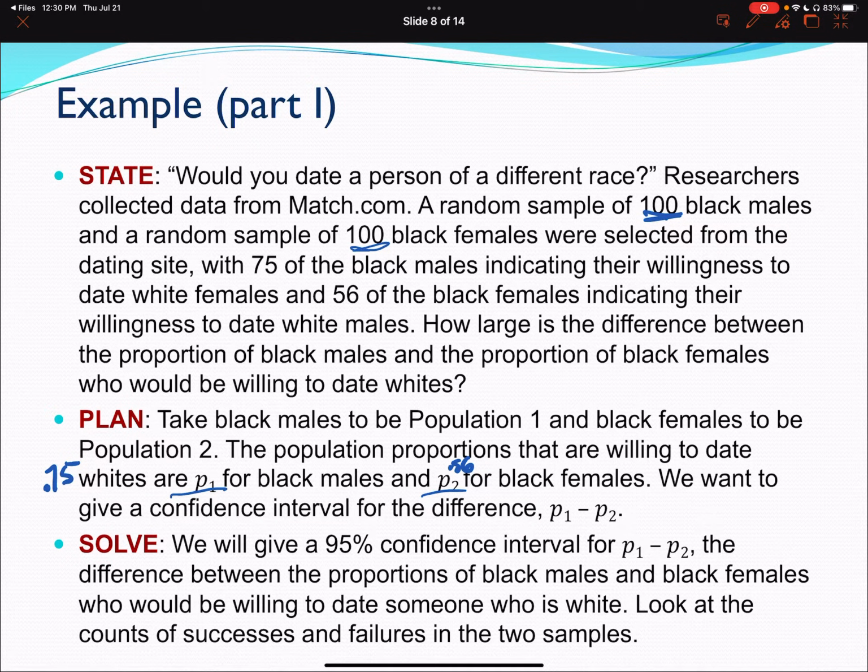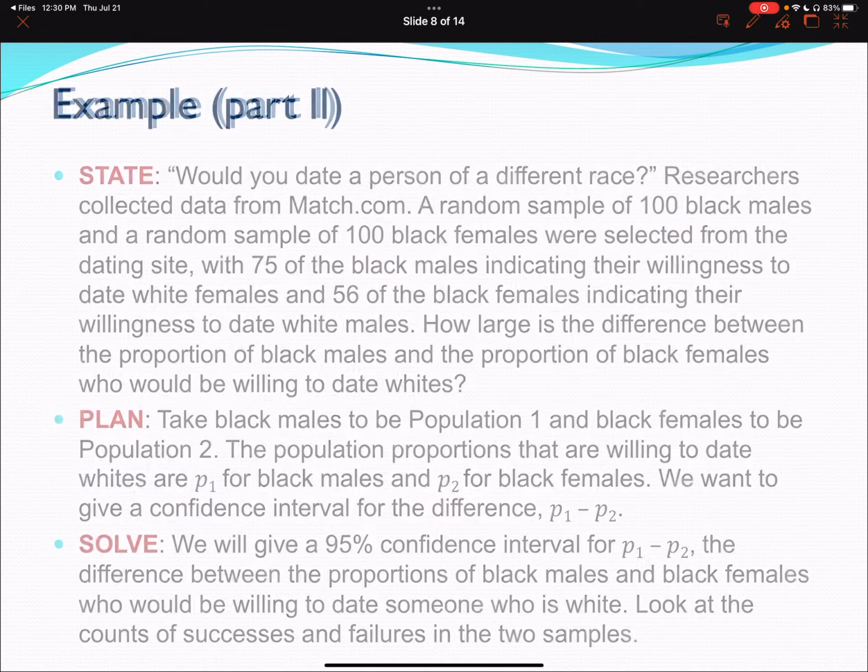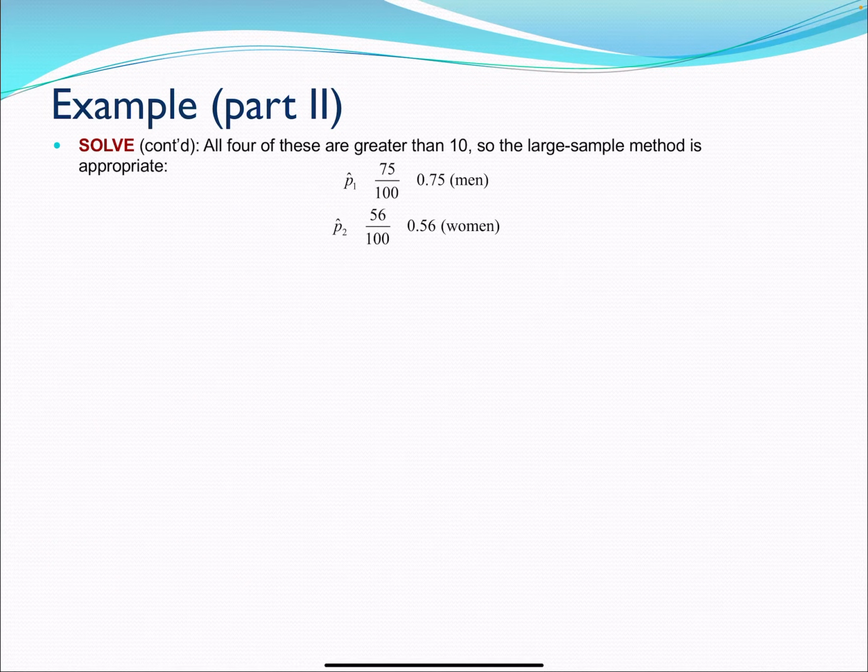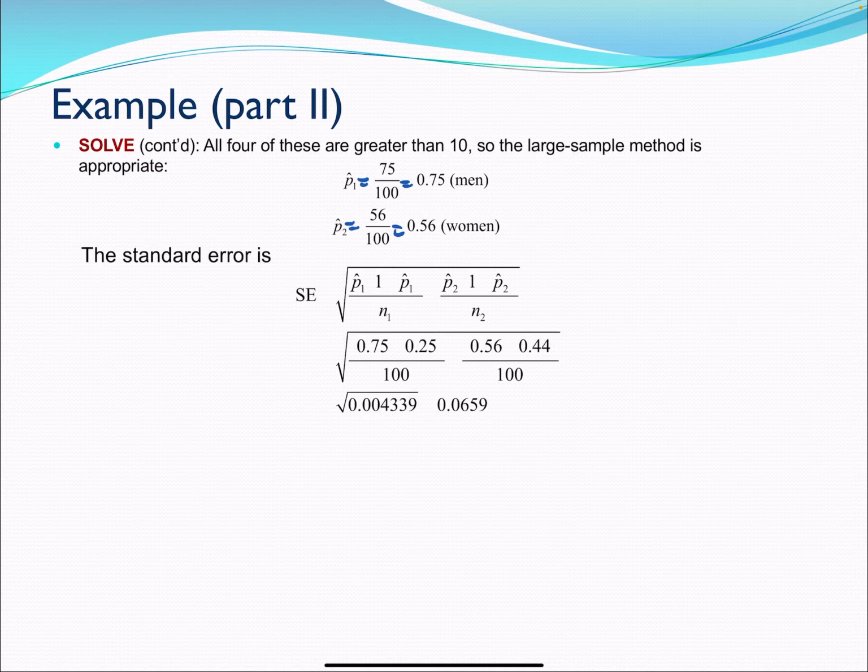So let's look at the counts of successes and failures in these two samples. We find our P1 hat to be 75 divided by 100, which is 0.75. P2 hat is 56 divided by 100, which is 0.56. I'd calculated that. We can go ahead and find our standard error, which is the square root of P1 hat times 1 minus P1 hat divided by n1, plus P2 hat times 1 minus P2 hat divided by n2.